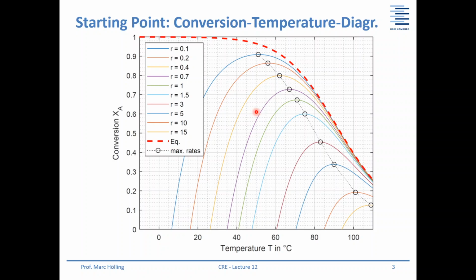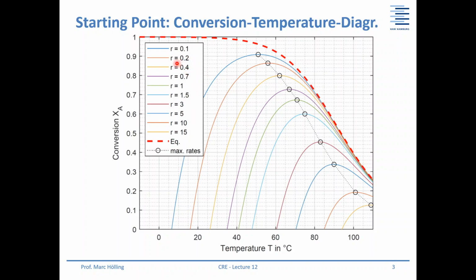Last week I showed you how to get these diagrams. So here you have the temperature, there you have the conversion, and in this diagram we plotted lines for constant values of the reaction rate. Here the units are skipped so that the legend is a little bit smaller.